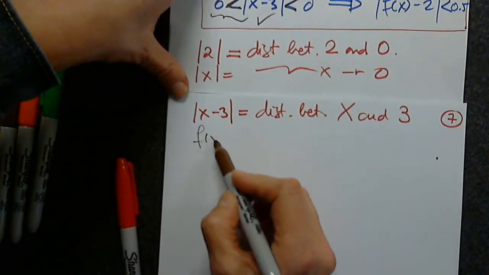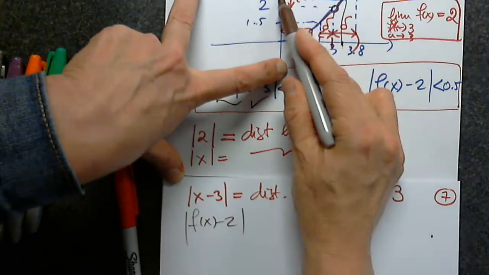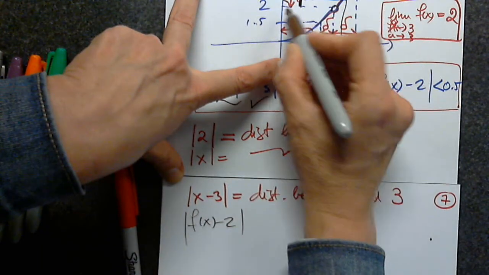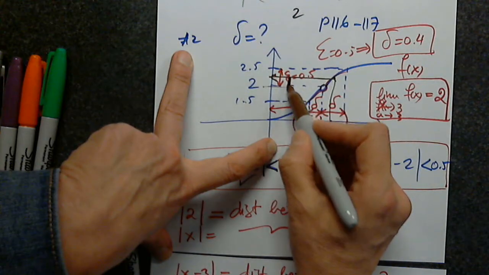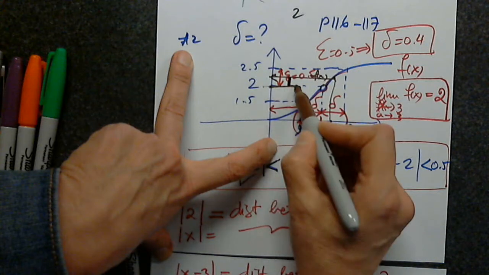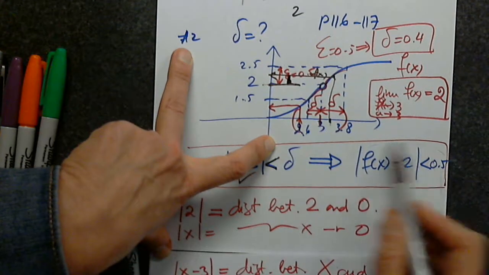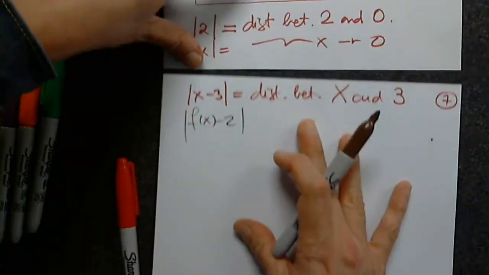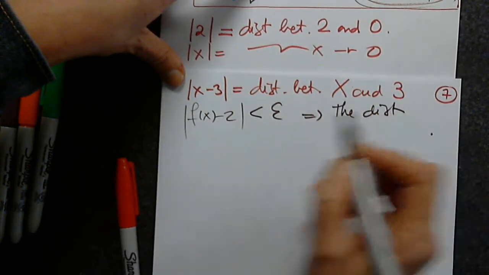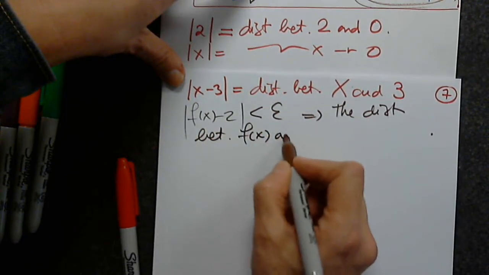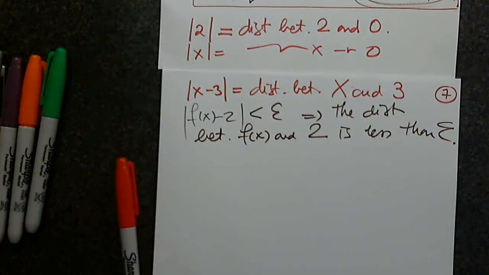So this says that when I pick x here, the distance between f of x and 2 will definitely be less than 0.5, which is epsilon. So let's write it. This means the distance between f of x and 2 is less than epsilon, which in our example is 0.5.